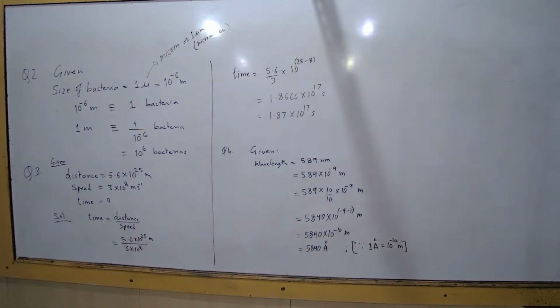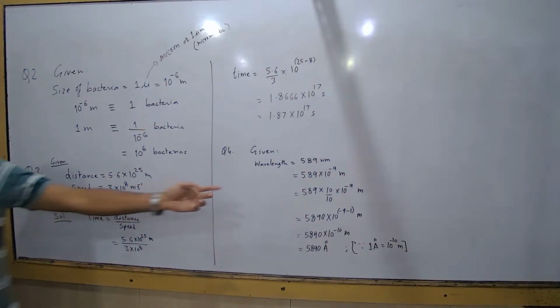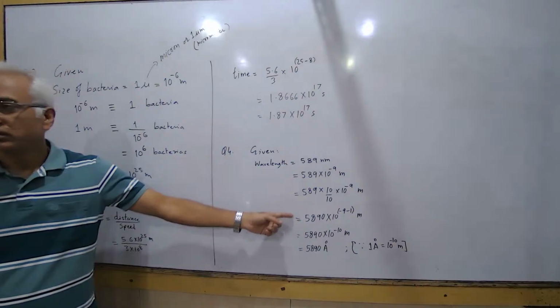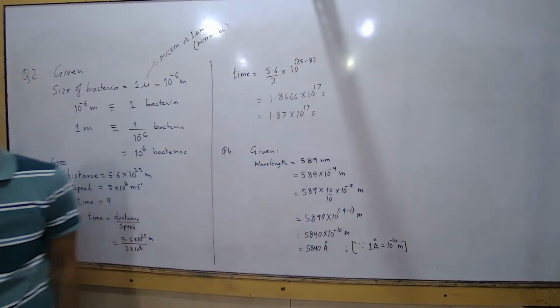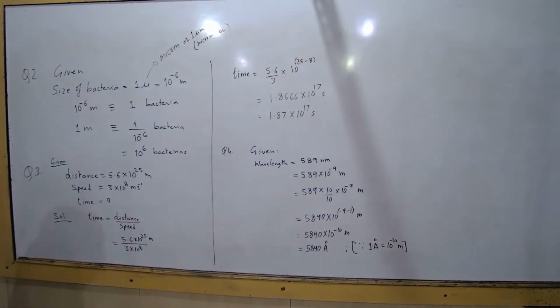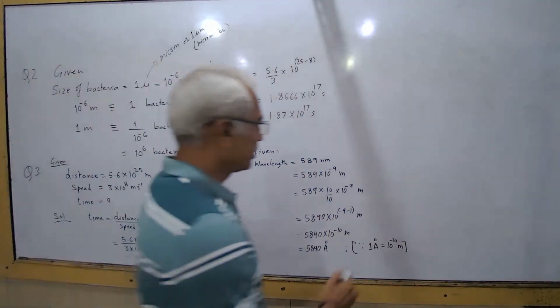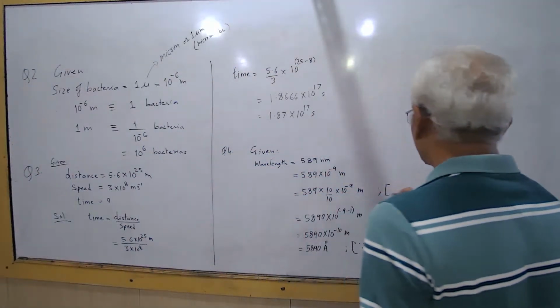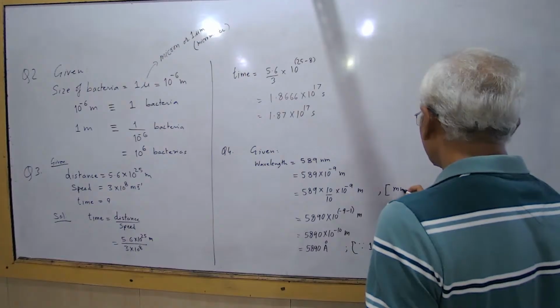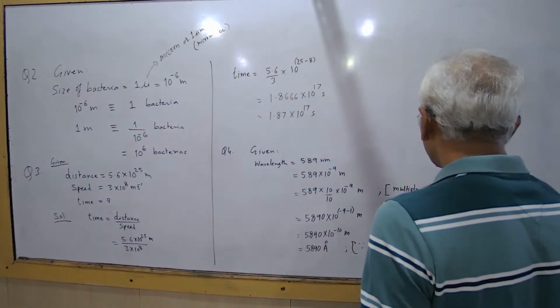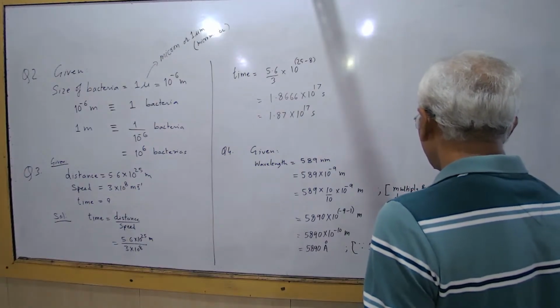Because if you multiply and divide by the same number, it's like you multiplied by 1. When you multiply by 1, the calculation remains the same. This and this are the same thing. How would we get it? I did multiply and divide by 10. No? Multiply and divide by 10.